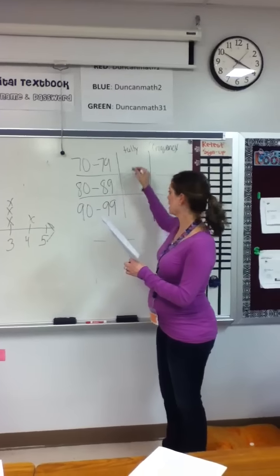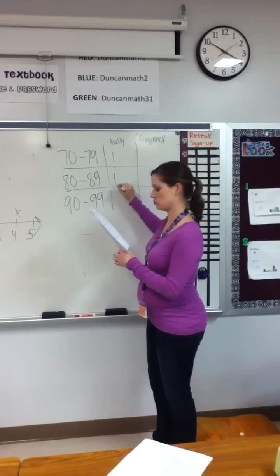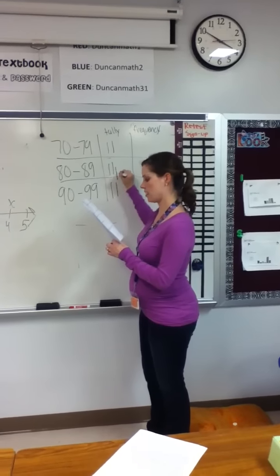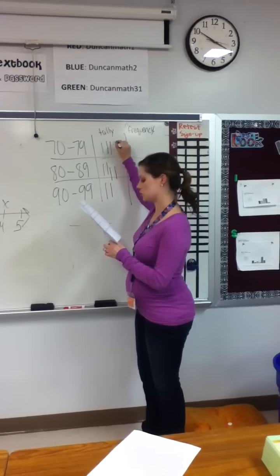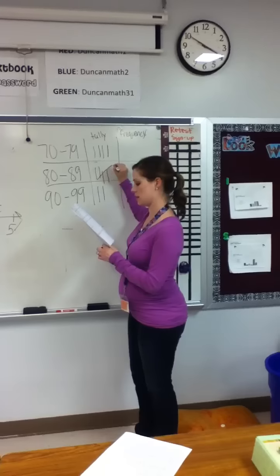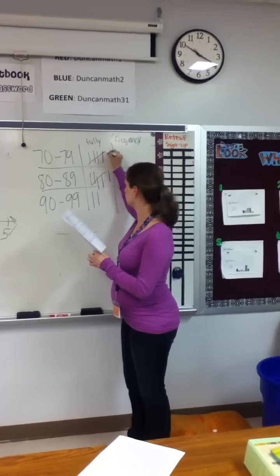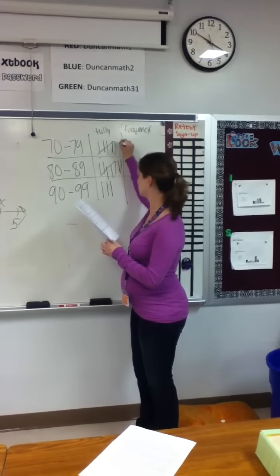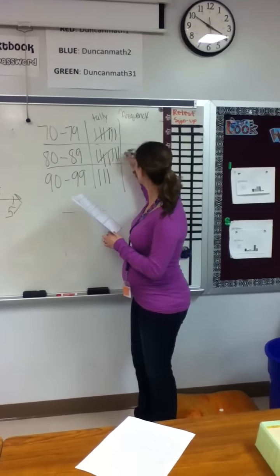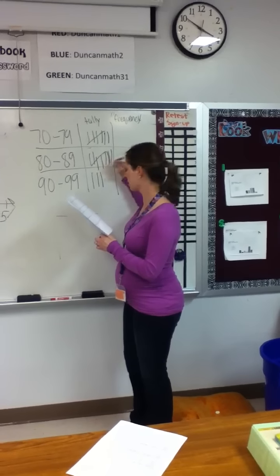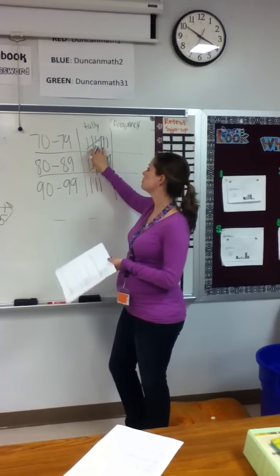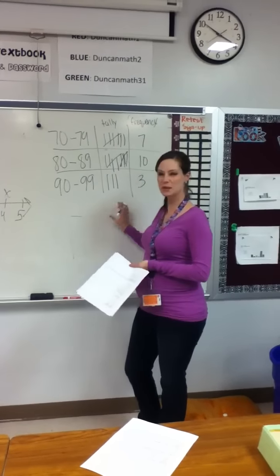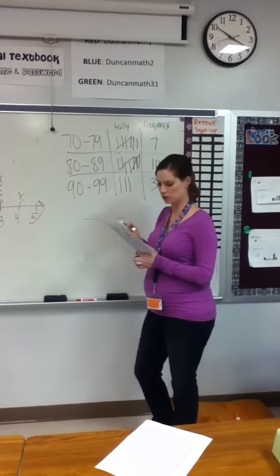So while you're looking, you go, okay, I got a 75, an 82, an 83, and 90, 77, and 93, and 85, and 88, 72, 74, 81, 88, 76, 79, 83, 86, 94, 78, running out of room here, 82, and an 80. So then I count 5, 6, 7, 5, 10, and 3. A lot of times when you're making it neat and pretty, they'll take this tally section out.